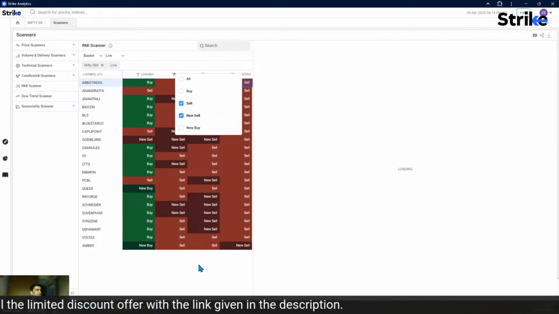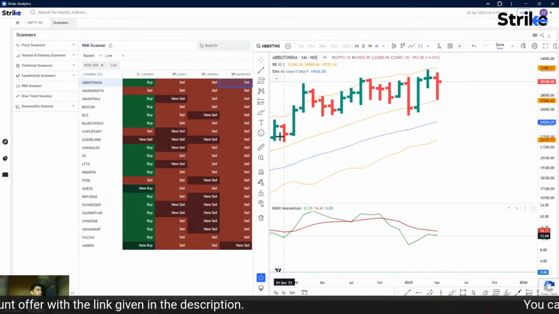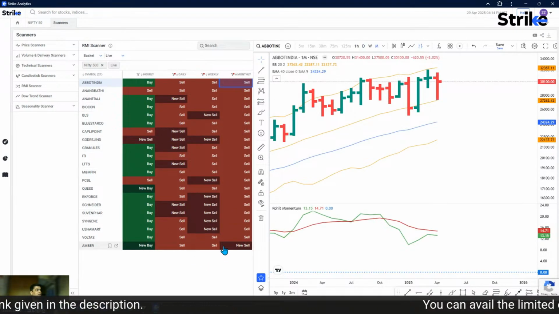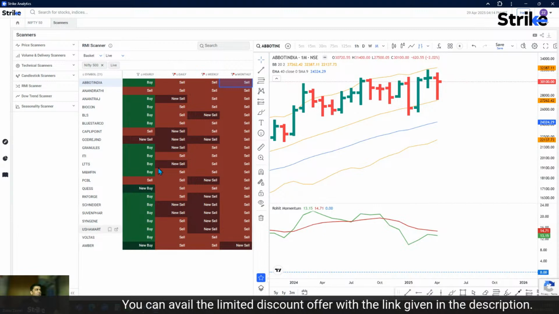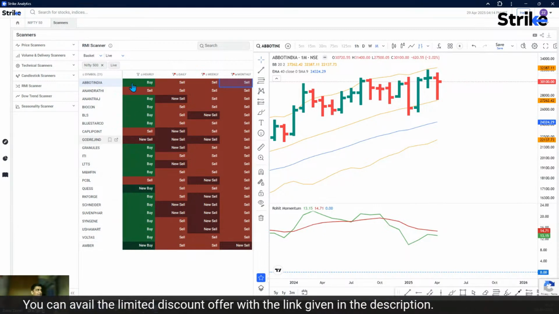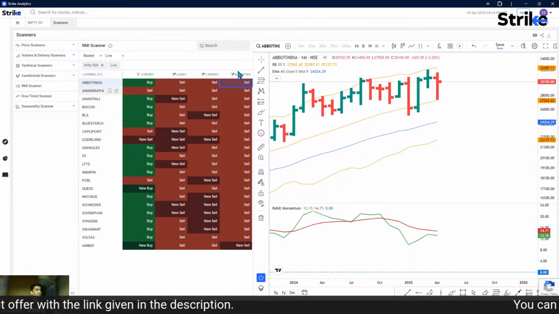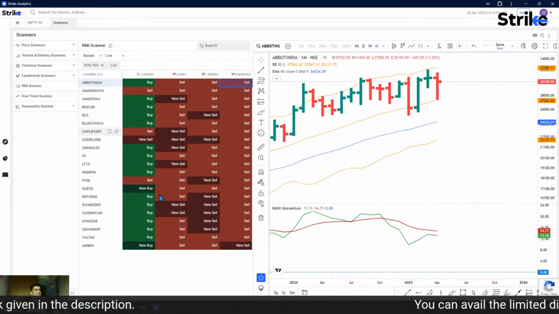These are the stocks which are in a sell mode on all three time frames: daily, weekly, and monthly, and some of them hourly. They keep changing during the day, so I'm ignoring the hourly time frame. But on the daily, weekly, monthly, these are the stocks in a sell mode.